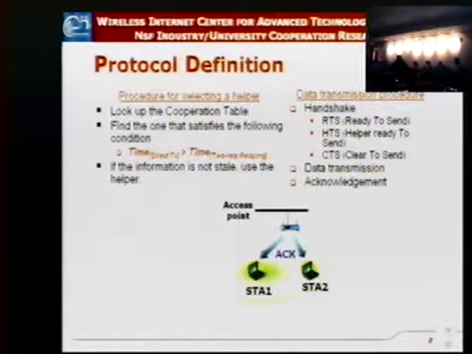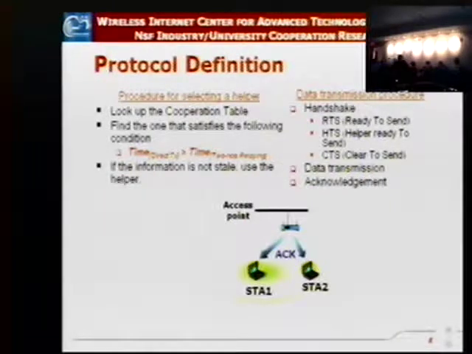The problem is the sender does not know if the helper. The receiver sends the ACK. There's only one ACK, but there are two possible senders, the sender and the helper, both could retransmit. So who is going to retransmit?